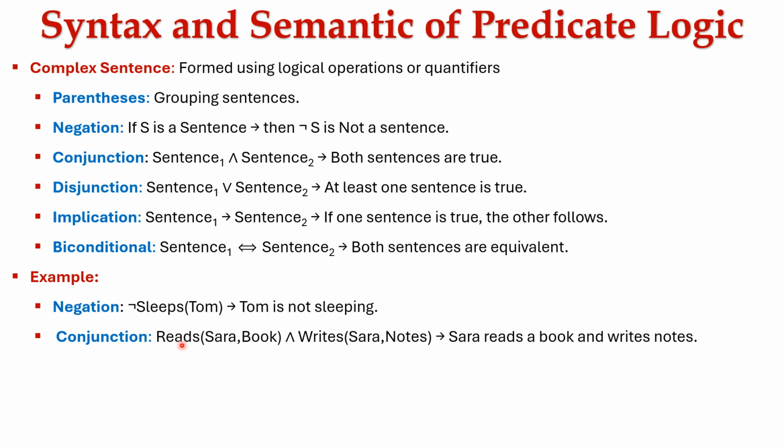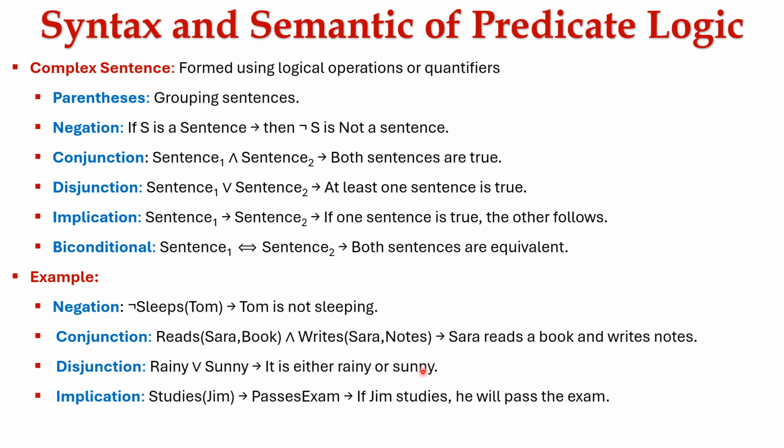For conjunction, reads of Sarah, book and writes of Sarah, notes. This represents that Sarah reads a book and writes notes. Next for disjunction, rainy or sunny. The or symbol represents disjunction. So the sentence represents that it is either rainy or sunny. Next, implication.